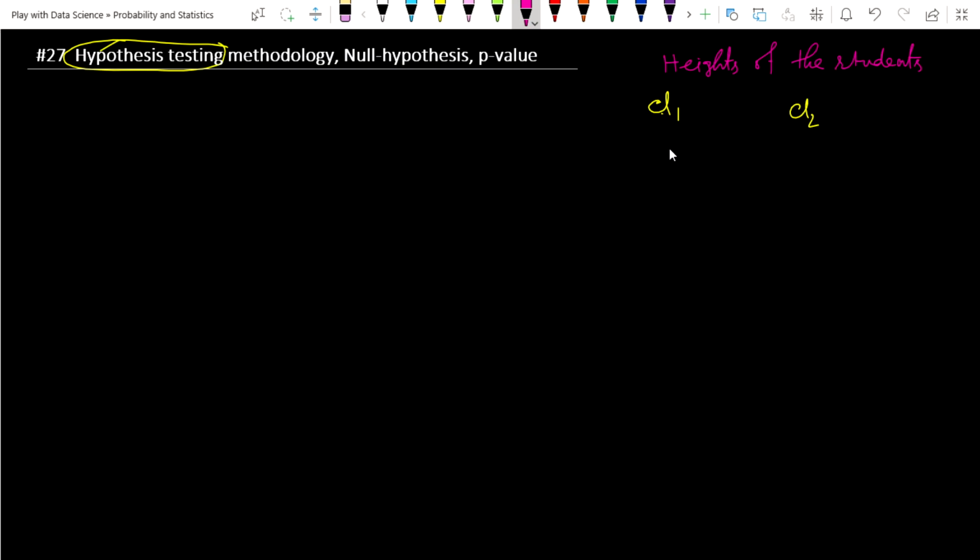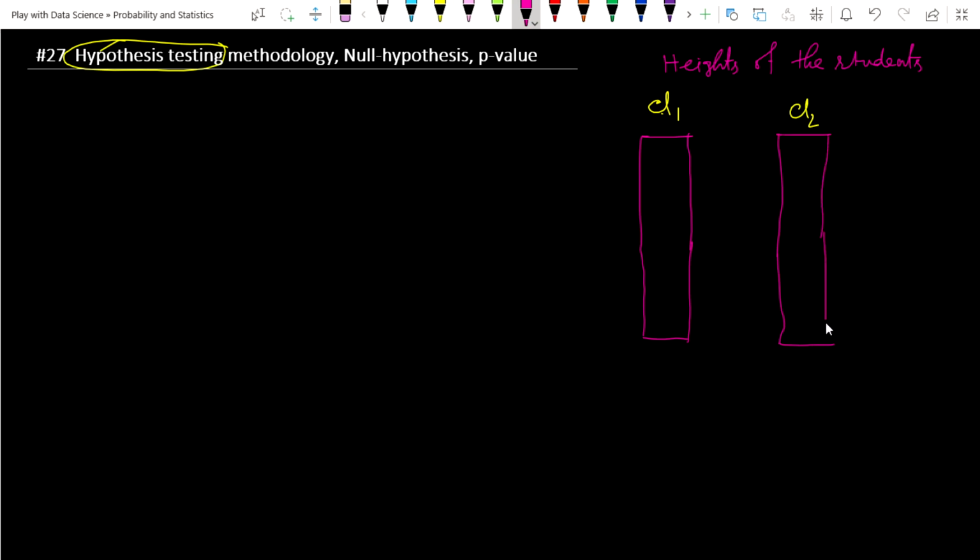Suppose for class 1 we have collected 50 observations, meaning the heights of 50 random students from class 1, and similarly 50 random students from class 2.